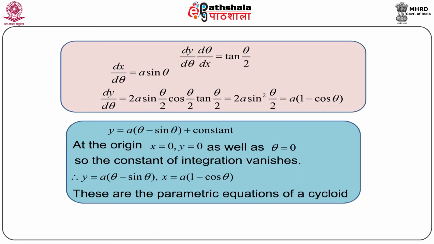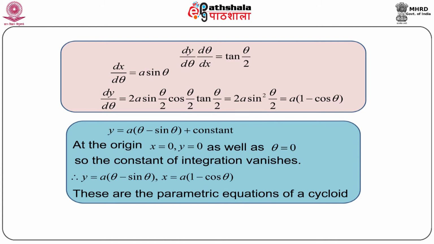If we integrate the result, then we get y equal to a into theta minus sin theta plus integrating constant. Now, we want to find the value of this integrating constant. At the origin, that is at x equal to 0, y equal to 0, there theta is also 0.